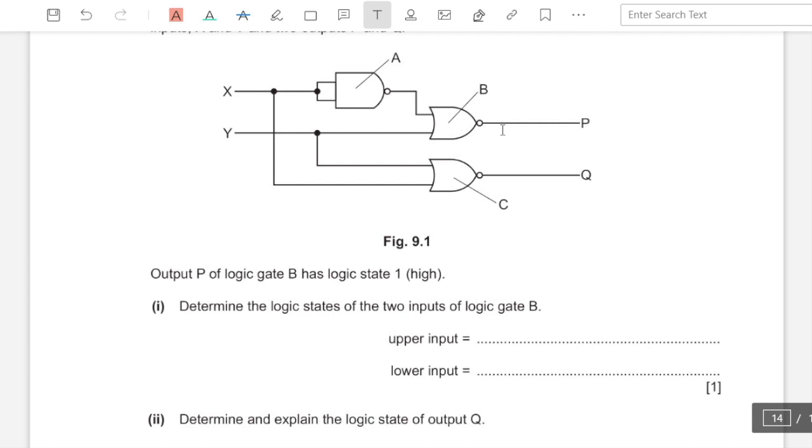So output P over here is 1, which means, since this is a NOR gate, the opposite of an OR gate, it only has the output as 1 when both of the inputs are 0 and 0, and that means upper and lower inputs are 0.